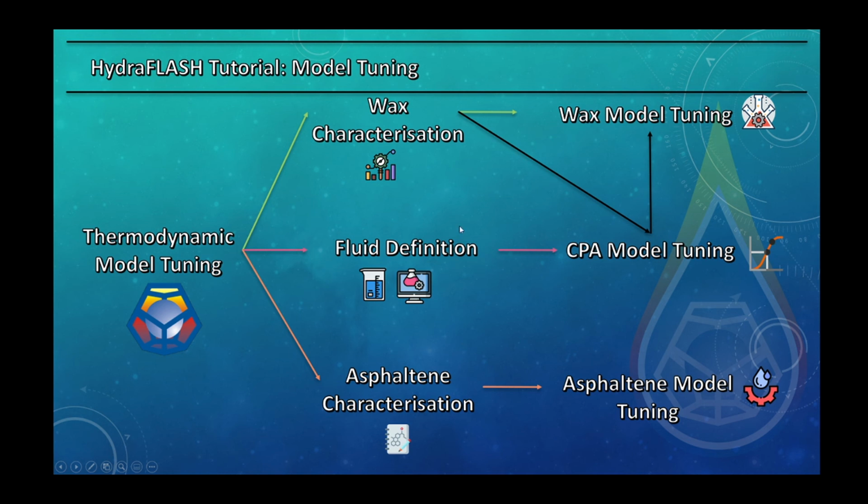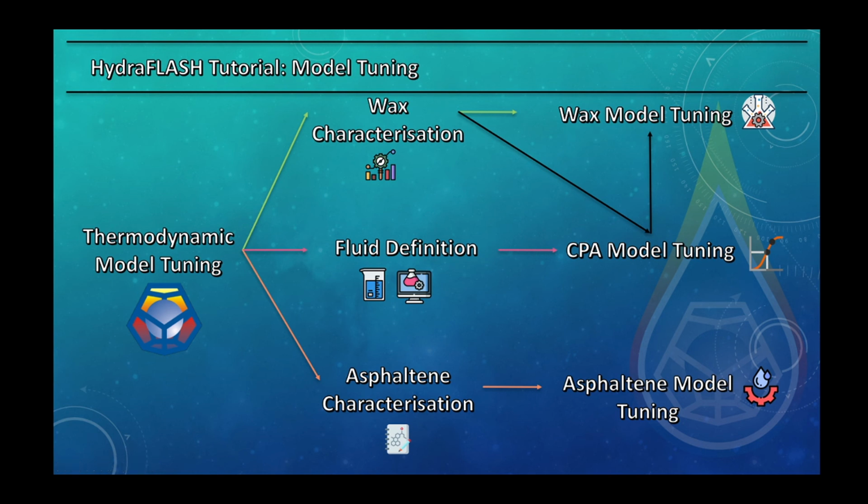There are many ways to define a fluid in HydraFLASH. You can create a fluid from scratch, you can edit a fluid, change it, and save it as a new fluid, or you can characterize it with single flash data and PVT information. And when you have this fluid, either the PVT characterized fluid or a defined fluid, you can tune the model using experimental data.